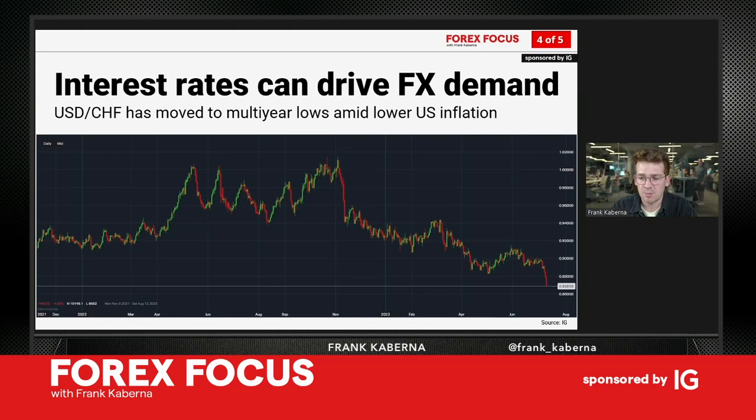Multi-year lows in this market, and you can see especially the last week or so of price action, just a huge decline in this US dollar, as all the gears are shifting in the economy, and inflation printing lower, meaning potentially lower interest rates in the US, meaning less demand for that US dollar over the Swiss franc or over the euro or over the pound, especially, with the Eurozone and UK still showing higher inflation than 5%, which could translate to higher interest rates there.